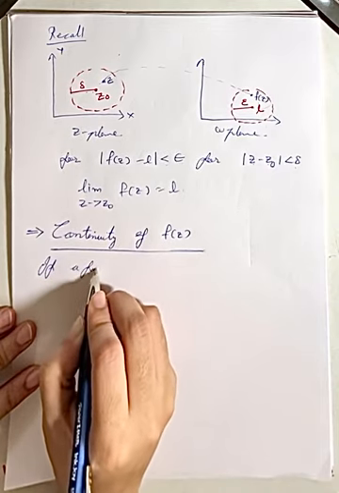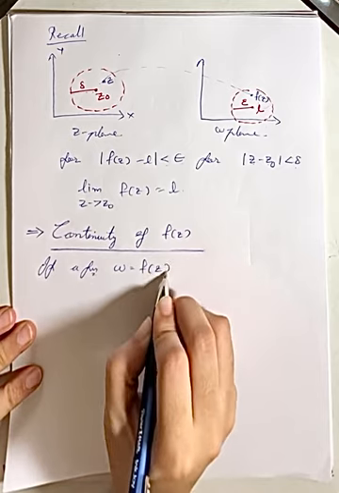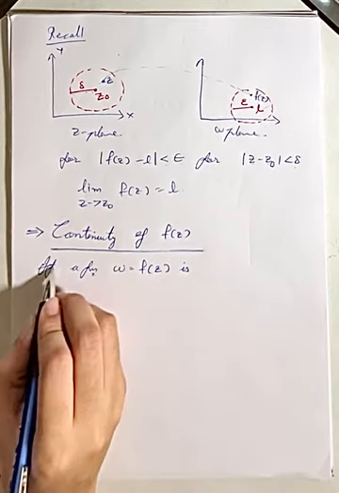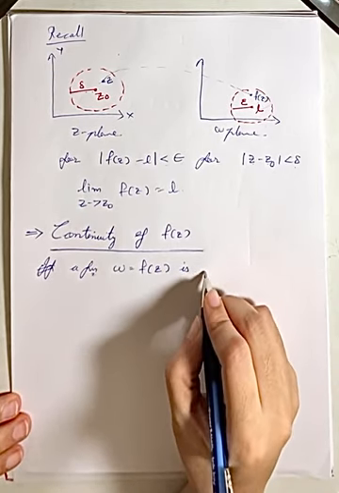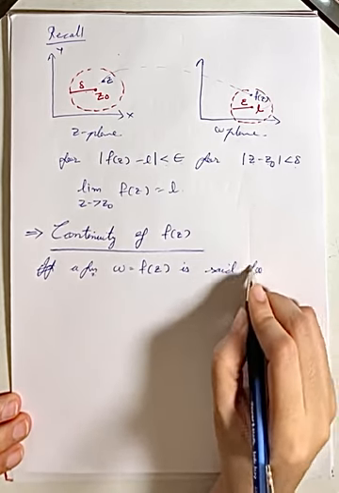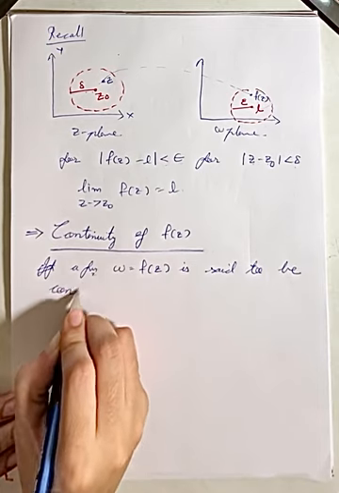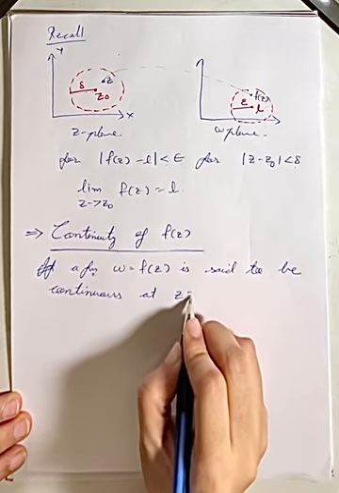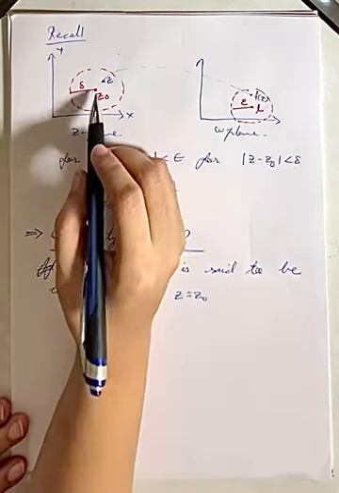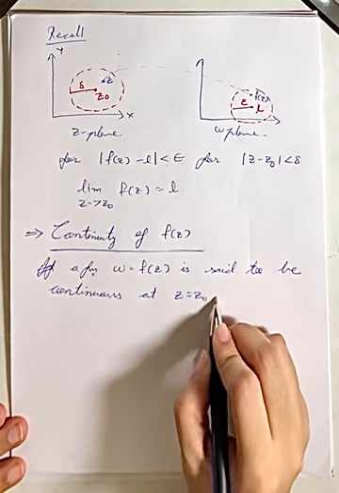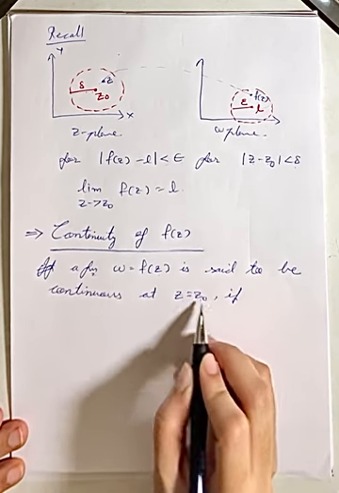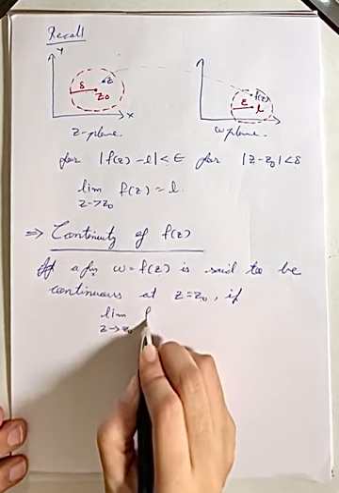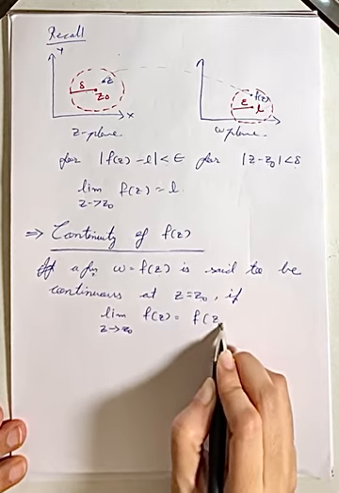So a function w equals f of z is said to be continuous at z equals z0 if the limit as z tends to z0 of f of z equals f of z0.